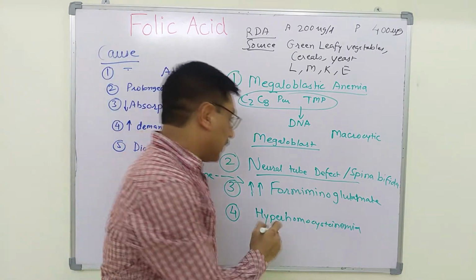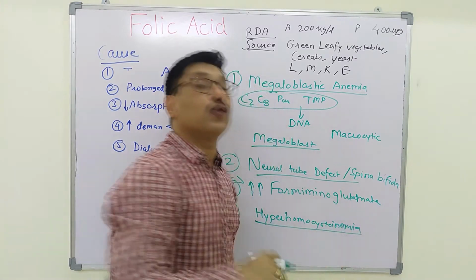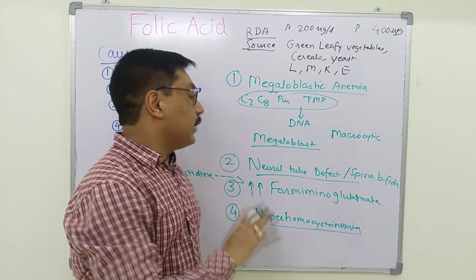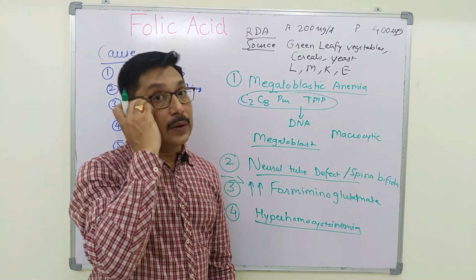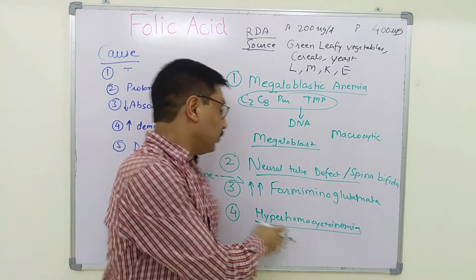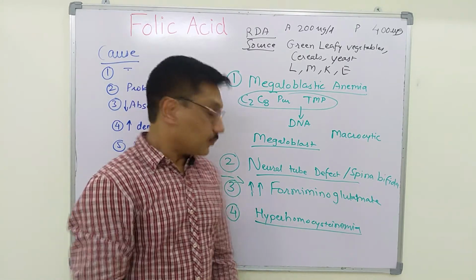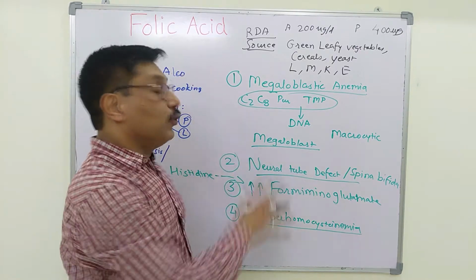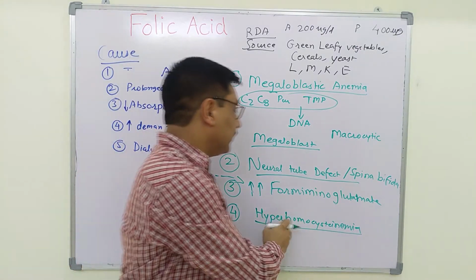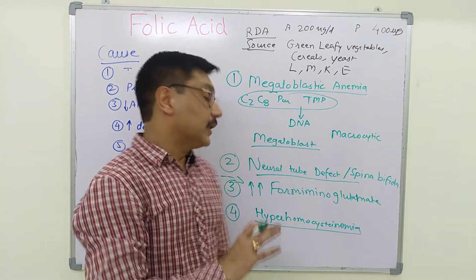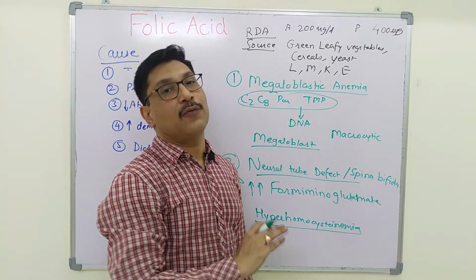This hyperhomocysteinemia is associated with various cardiovascular risks, and it is considered to be a cardiovascular risk predictor or risk factor. Giving folic acid supplement decreases this hyperhomocysteinemia and thereby reduces cardiac risk or risk of heart attacks.